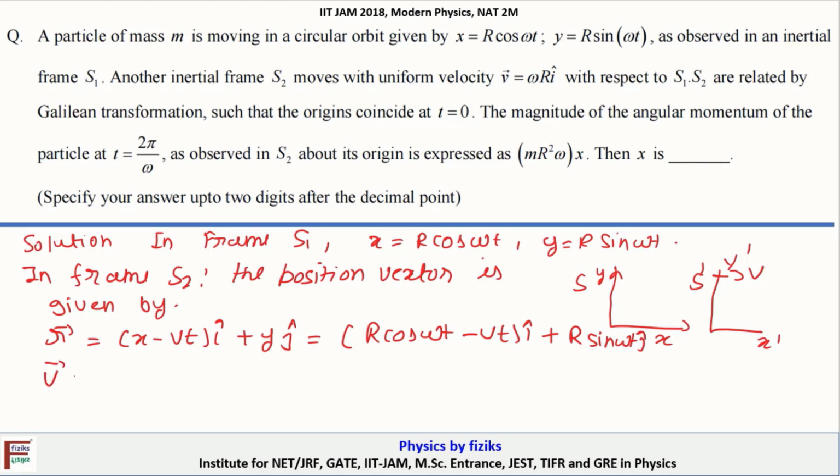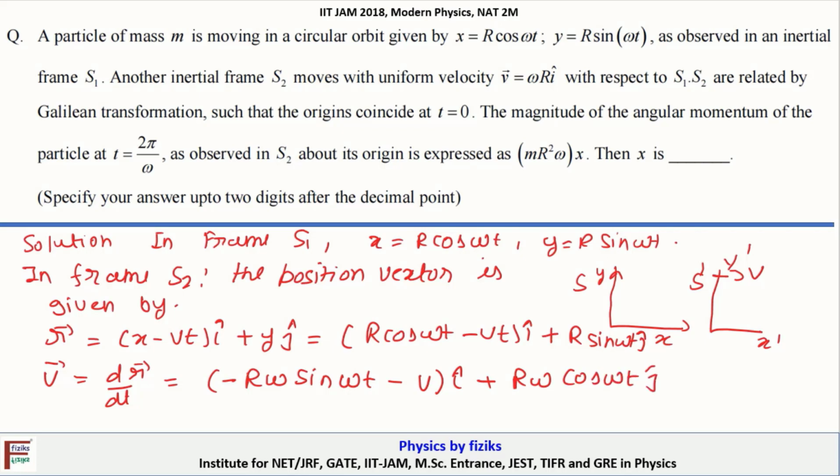V would be dr/dt, that is (minus rω sin ωt minus v) i cap plus rω cos ωt j cap.